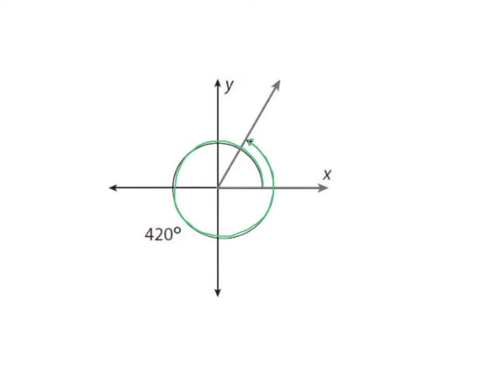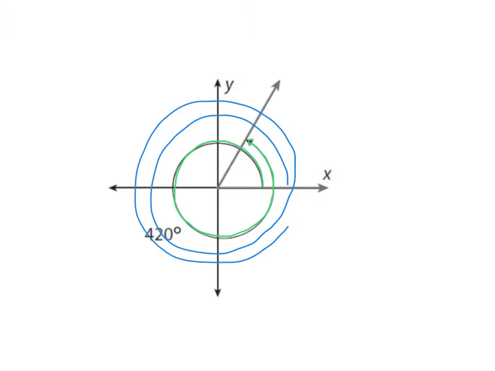Or I could actually have one revolution, two revolutions, three revolutions, and let's say I stop here. Because we can have multiple revolutions for an angle of rotation, we can have an angle with any positive real number. And if we go clockwise, then our angle of rotation is going to be any negative real number.